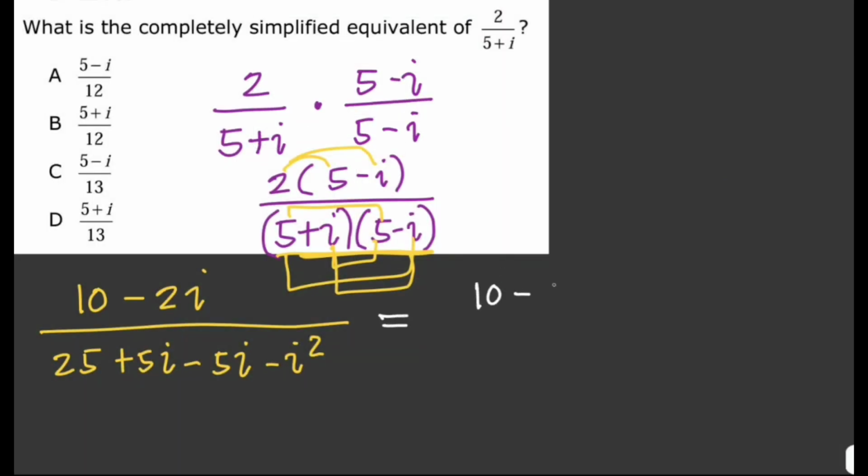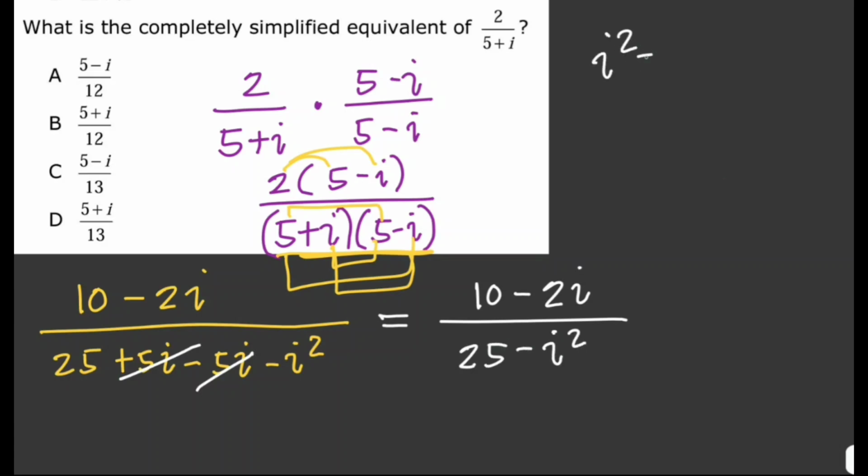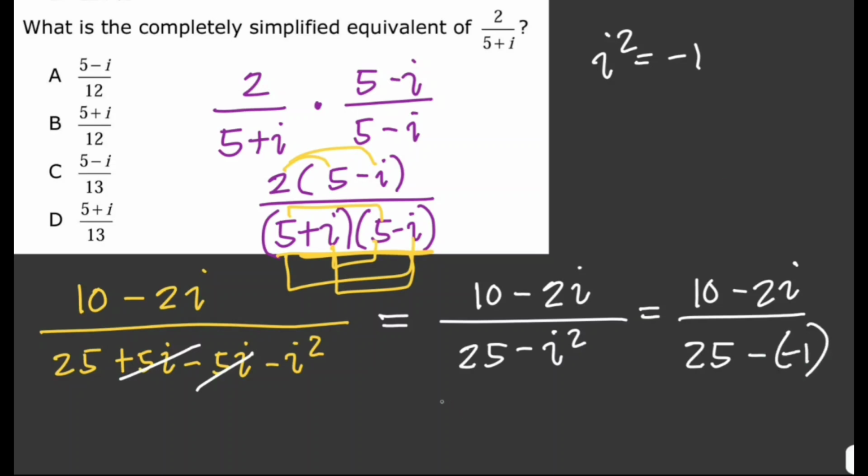And we simplify. Okay, we have 10 minus 2i. This cancels out because 5i minus 5i is 0. Then we're left with 25 minus i squared. We know that i squared is equal to negative 1. And this would become 10 minus 2i over 25 minus negative 1.